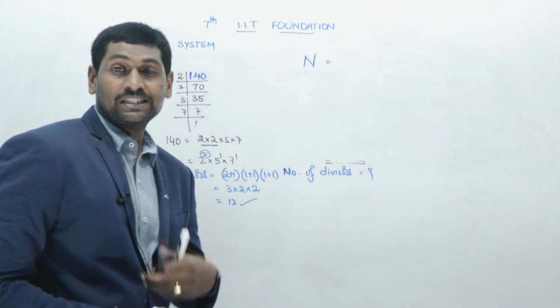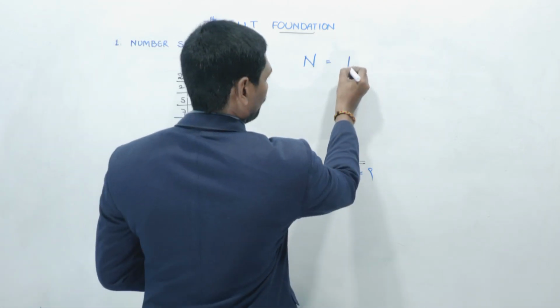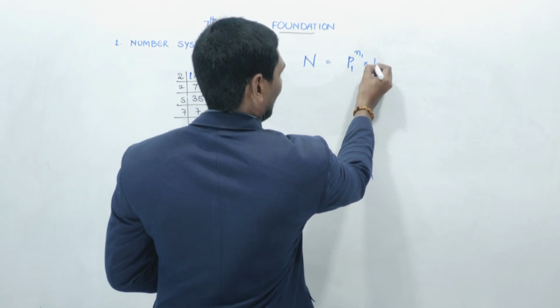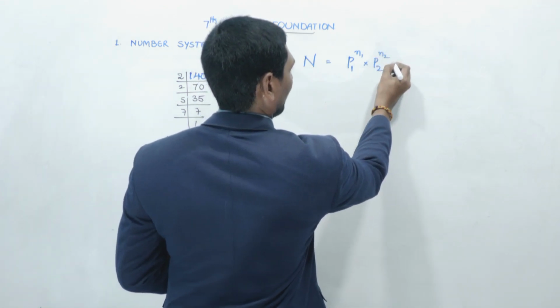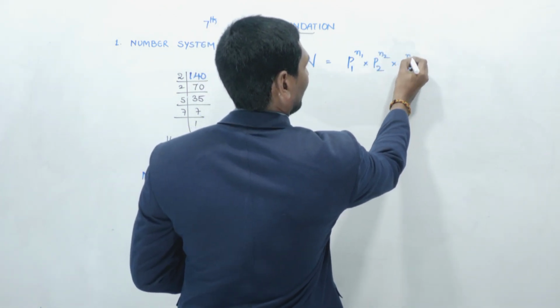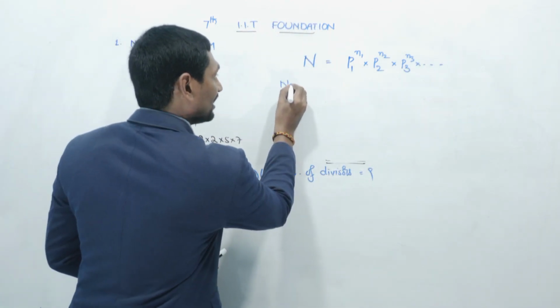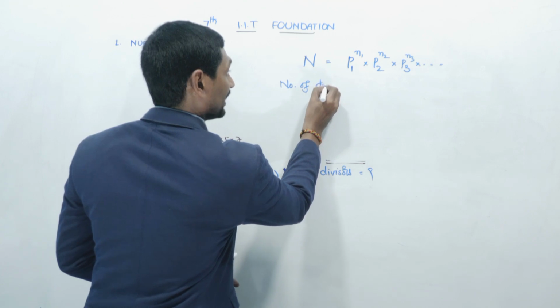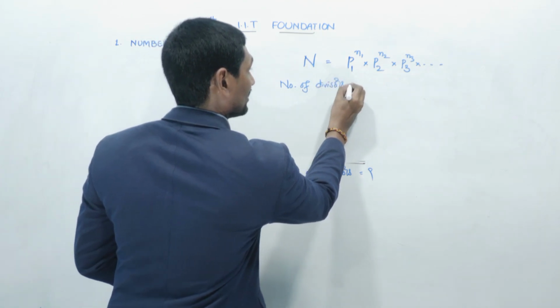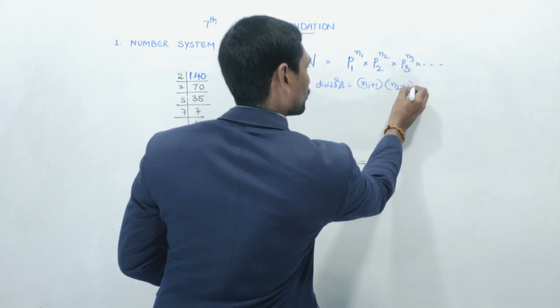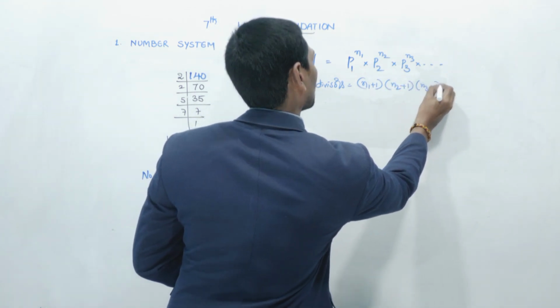If n is expressed as a product of primes, p1 power n1, second prime p2 power n2, p3 power n3 and so on, then the number of divisors, very important, is (n1 plus 1) times (n2 plus 1) times (n3 plus 1) and so on.